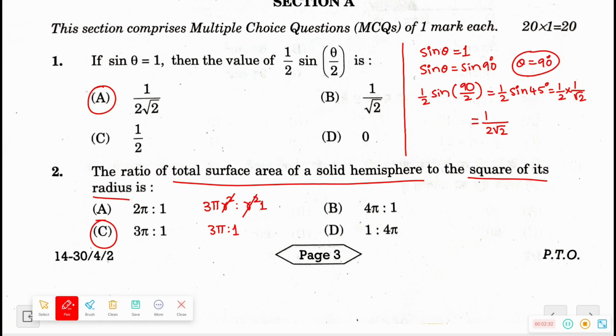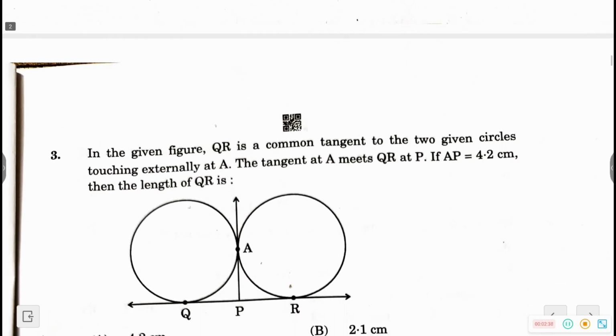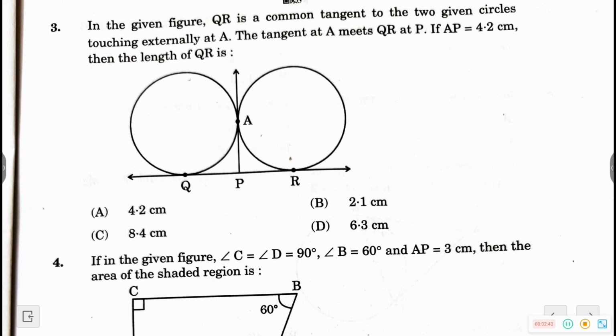Now let's see question number 3 and 4. Question number 3 is from circles. If we observe the figure, we have tangents.